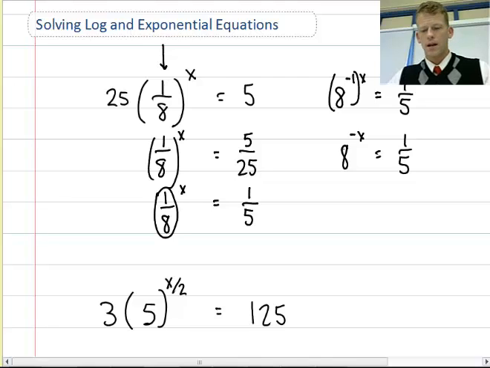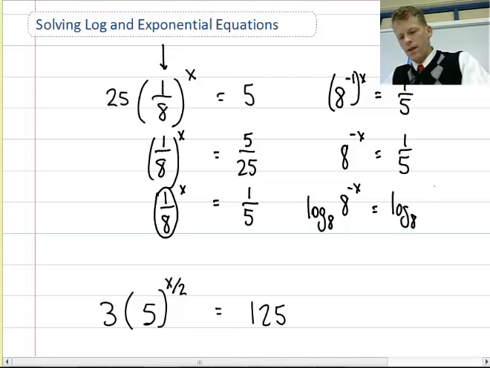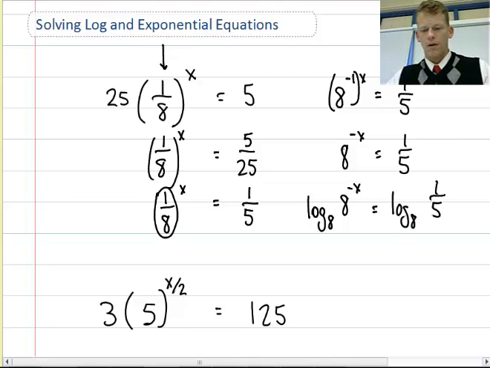And now to undo the base 8 exponential, I'm going to use a base 8 logarithm. So I'm going to do log base 8 of 8^(-x) equals log base 8 of 1/5. I'm going to use my calculator to find out what that value is.